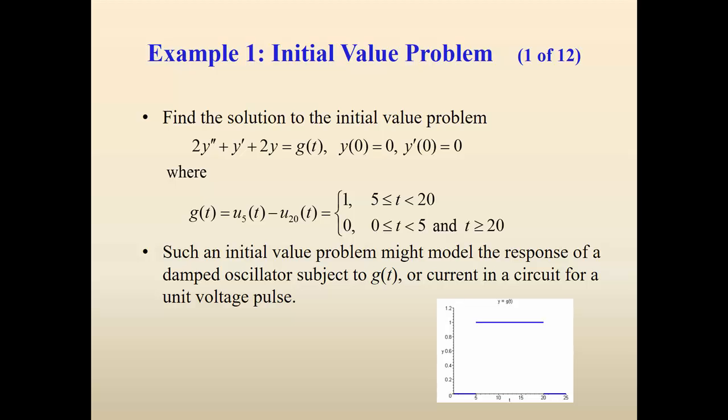You have something pushing up with the force of 1 on the spring, always pushing up. But at t is equal to 20, you pick up the baby, or the engine's turned off, or the light is turned off, and now the forcing function isn't there anymore. What does this unit step function, this discontinuous forcing function, do to our problem?